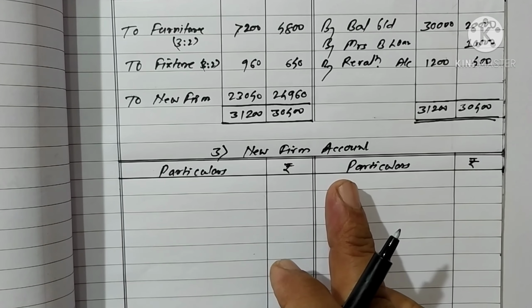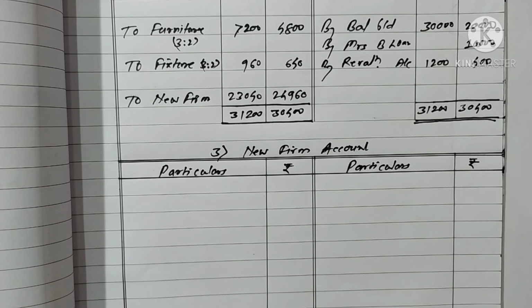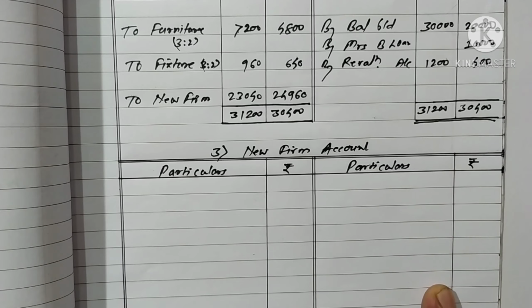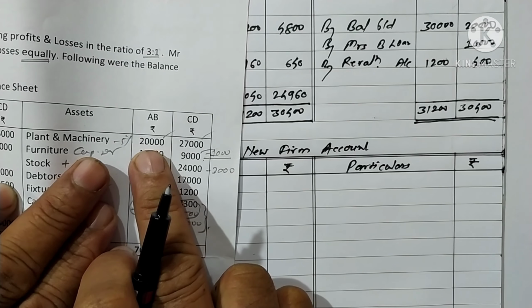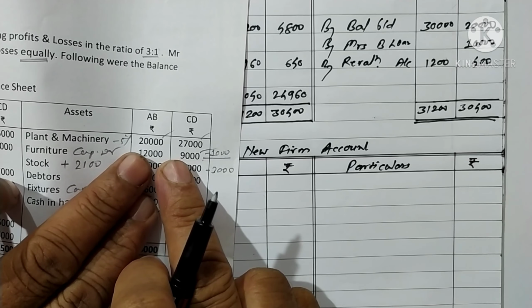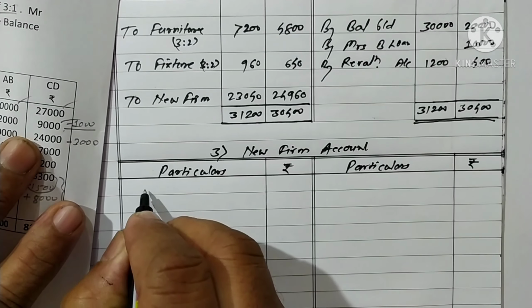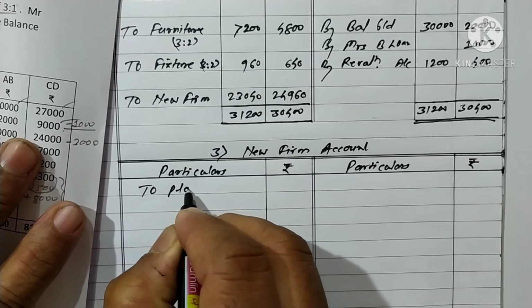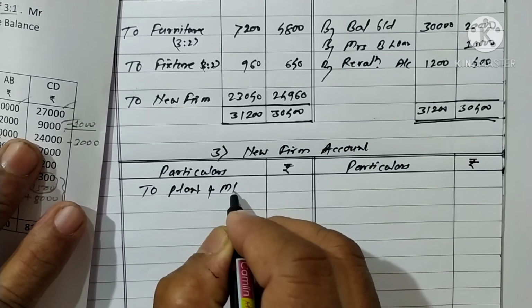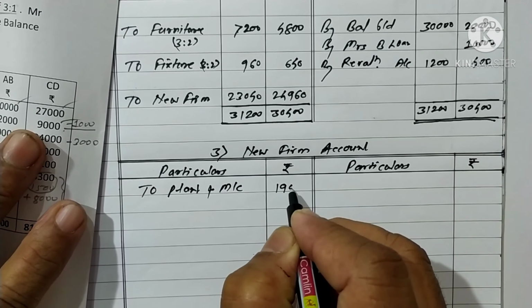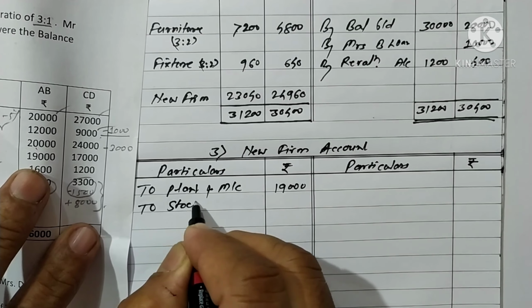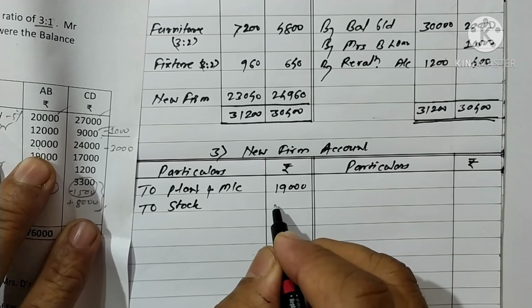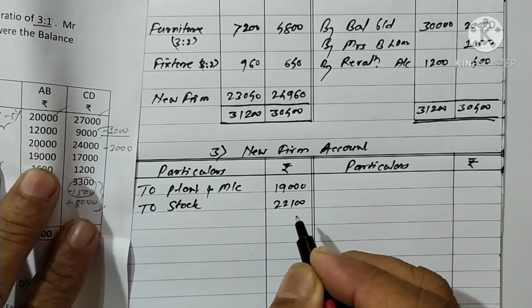Now we try to complete the new firm account. All revised assets on the debit side, all revised liabilities on the credit side. Now see one by one. Plant and machinery revised value less 5% comes to 19,000. We write here, to plant and machinery, rupees 19,000. Next is to stock, 20,000 plus 2,100, 22,100.